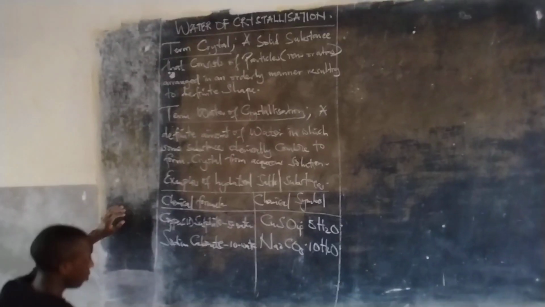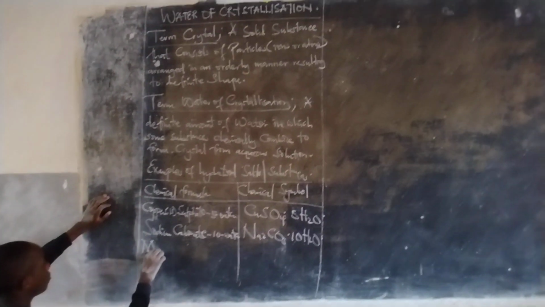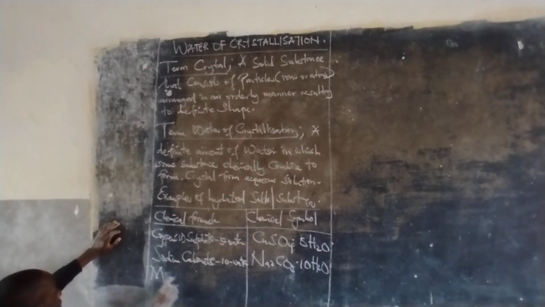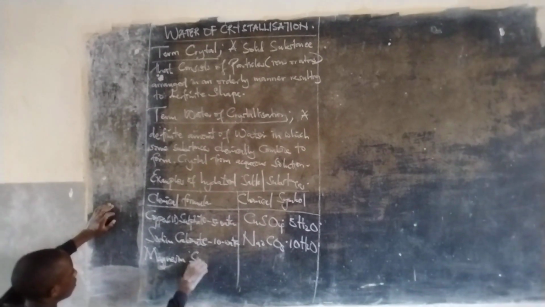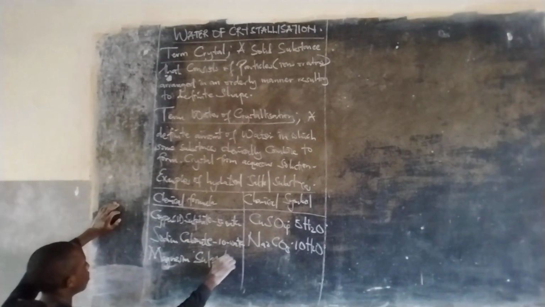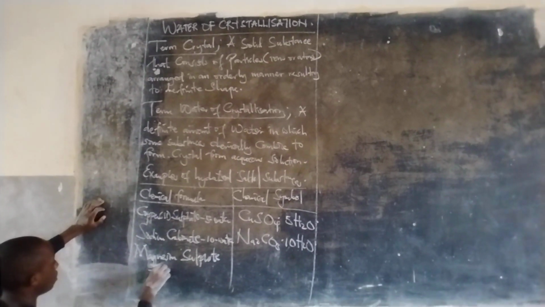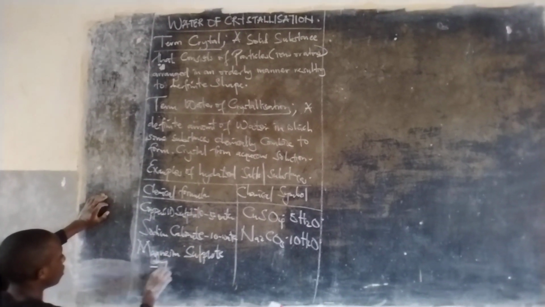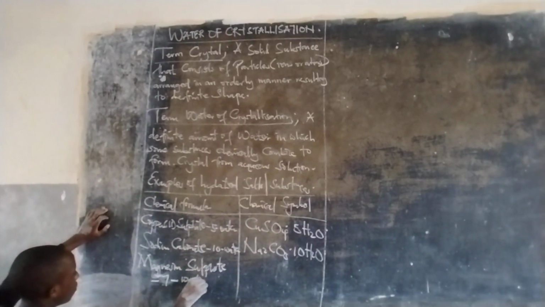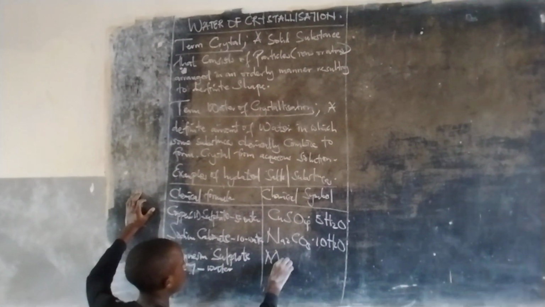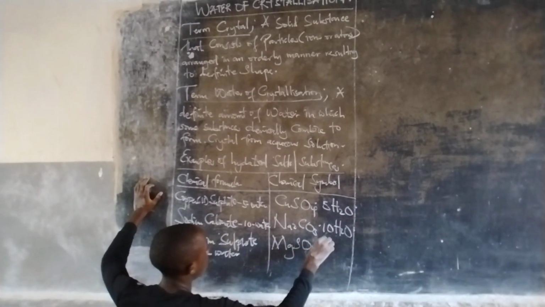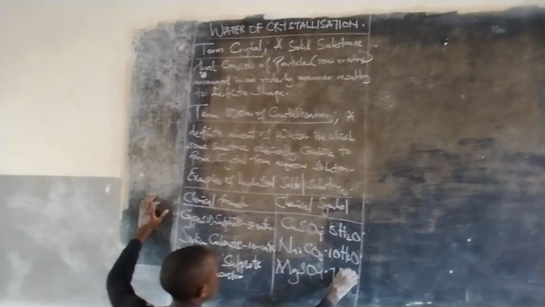We have another called magnesium sulfate, having a 7 water. This can be written as like that.